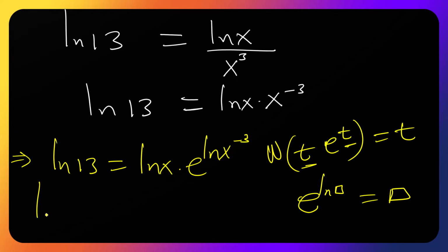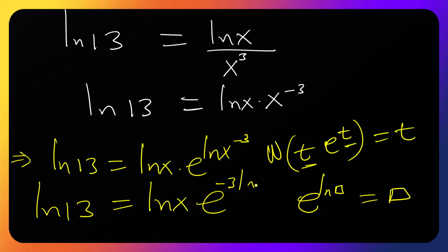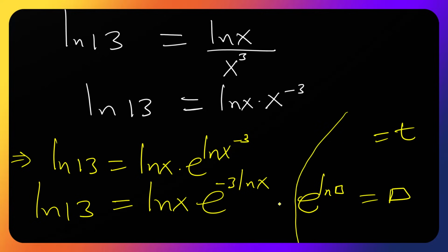Now let's deal with this one. So ln of 13 equals ln of x, so this one will be here e to the minus 3 ln of x. Remember the rule. So we have this. Now remember to take the W function.